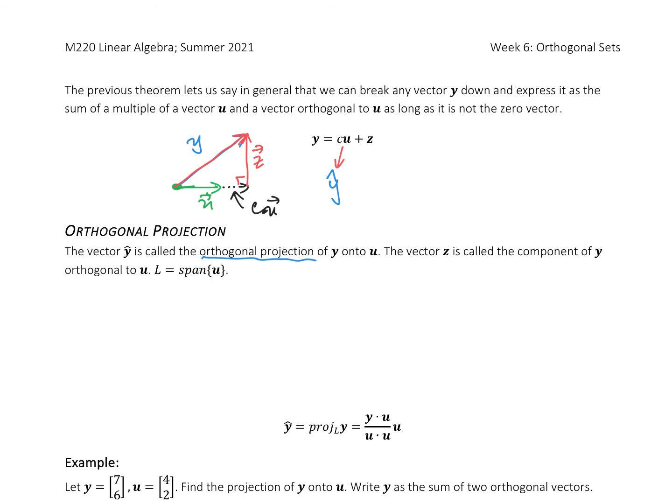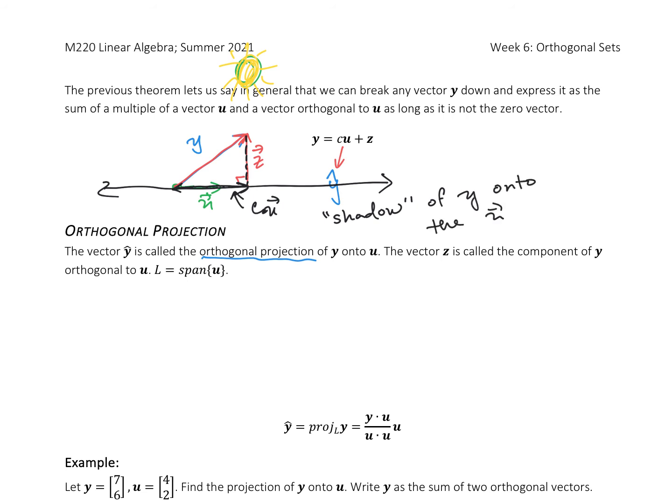So it's kind of like, what would be the shadow created if the sun was right here and shining down on top of you, and y needed to be reflected down onto this u surface, whatever that u surface is? I want to know what its shadow is. So this cu, this y hat, is like the shadow of y onto the u vector.